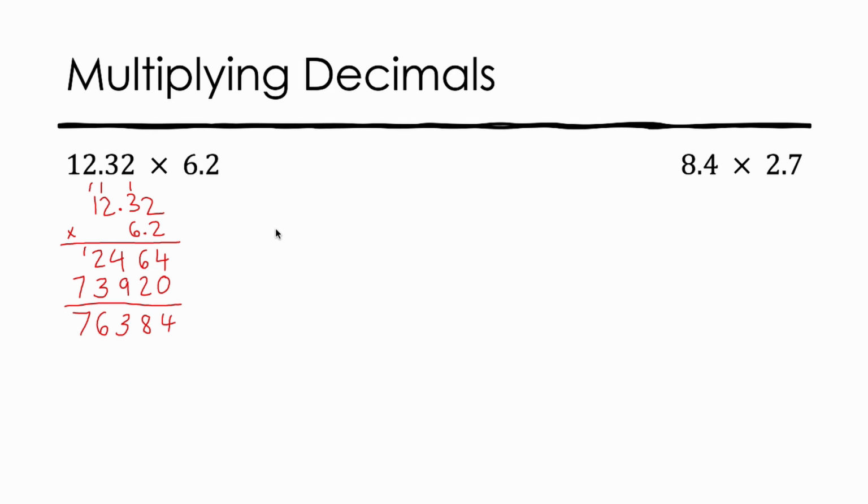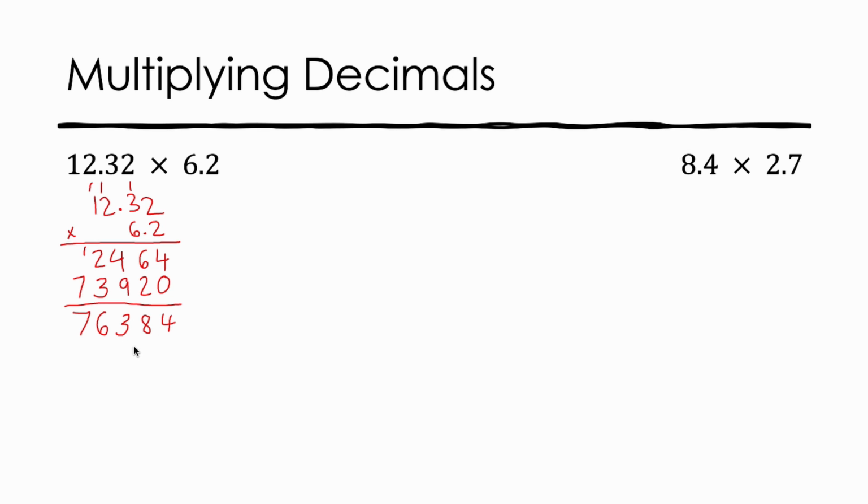So let's do this. Since we have this huge 5-digit number here, where we put our decimal point is we count all places that are after the decimal point, not before, after. So these 3. And since we have 3 decimal places after the decimal point combined with these 2 numbers, we have 3 places after the decimal point here.